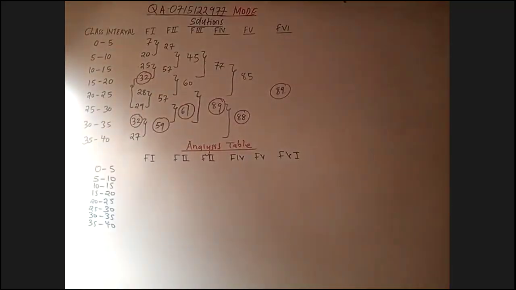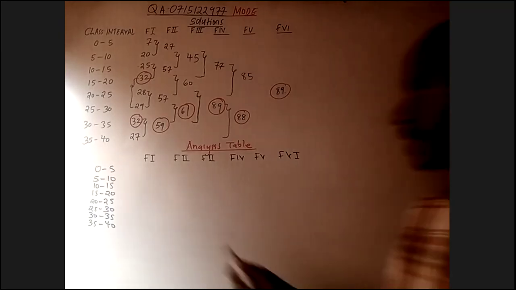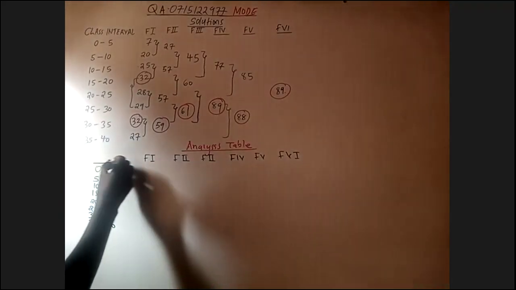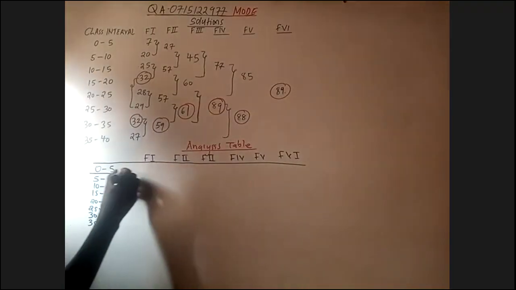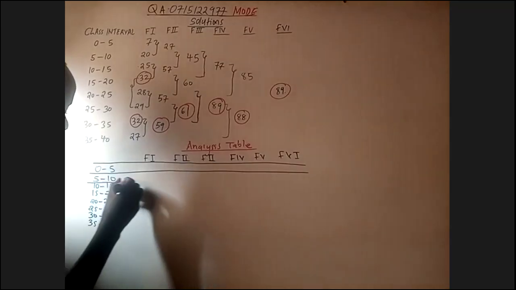So you identify the highest frequency. Once you identify the highest frequency, we start with the first one. So we come to our table now. We use those items to mark and analyze our frequency, and this table is the most important table.